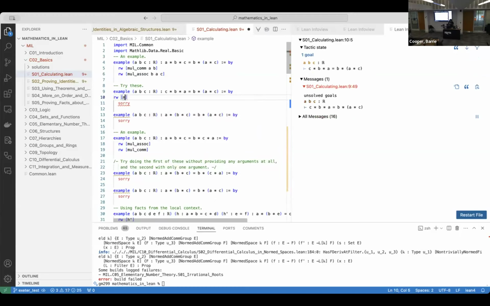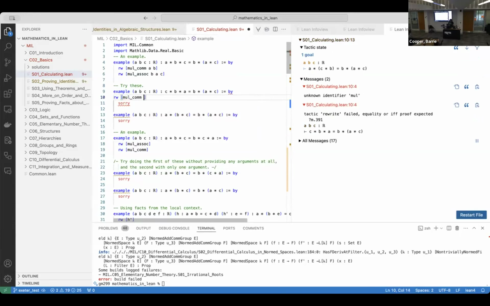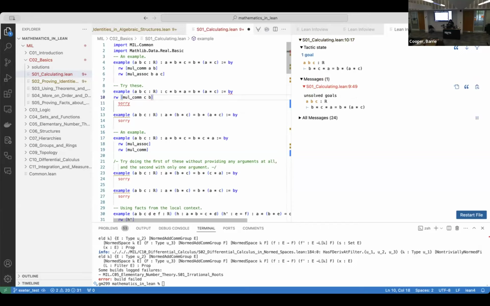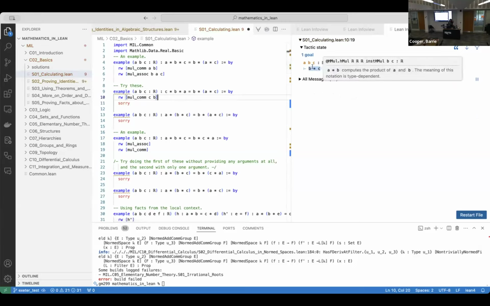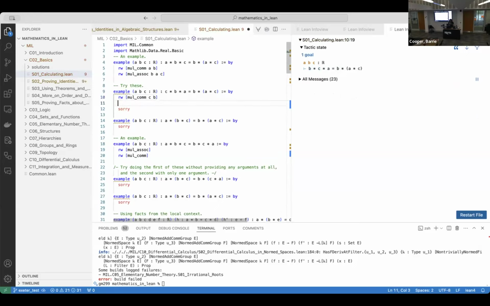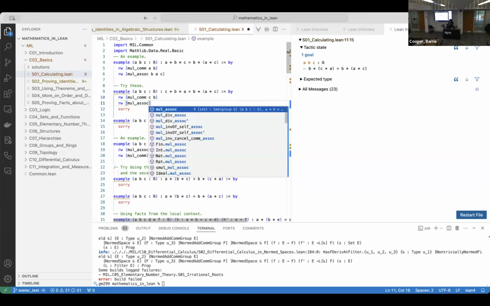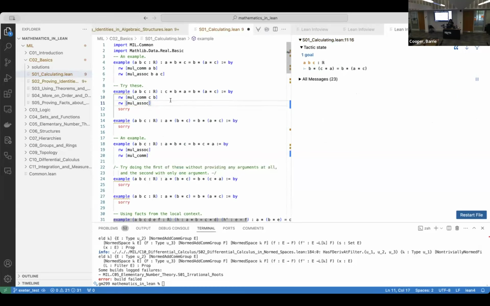Let's try C and B. Okay, so that's changed those first two, and then what? Associativity, maybe? Yeah. And in fact, again, we didn't actually have to state what we've applied it to. And now what?